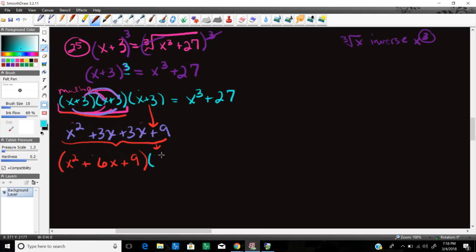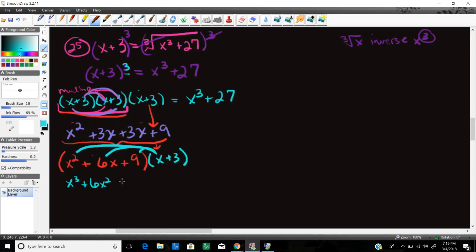And this is where, if you make little mistakes like I almost did right now, we kind of get a little bit lost. So we're going to go ahead and multiply this now. I'm going to go this way just because I like to do the one that has the least terms first. So x times x squared is x cubed. X times 6x is plus 6x squared.